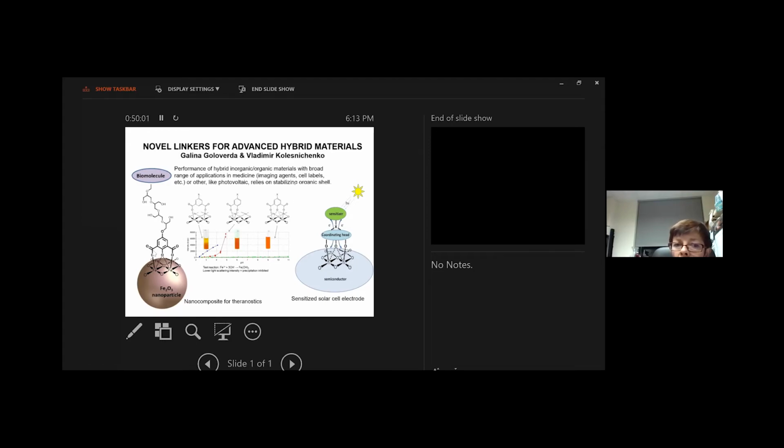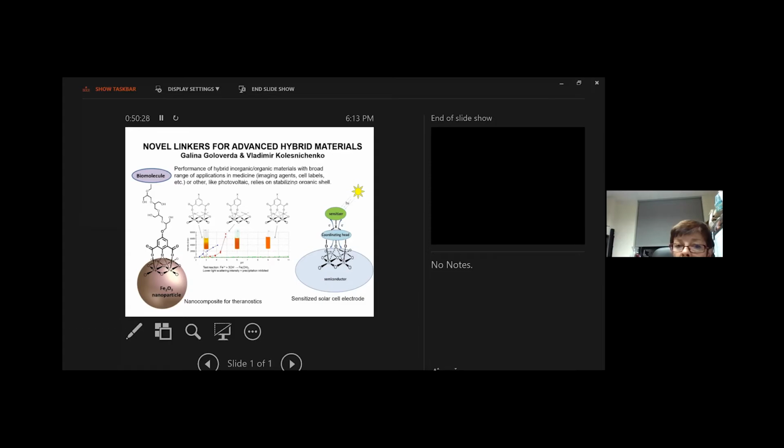This one is called 2-hydroxy isophthalic acid. You can see you have 2 carboxyls in this molecule, or you have carboxyl and hydroxyl in this molecule. And you can also see how a solution of iron oxide nanoparticles behaves.